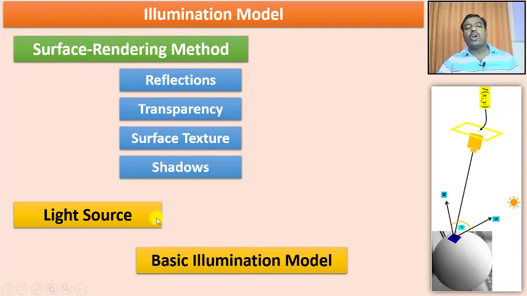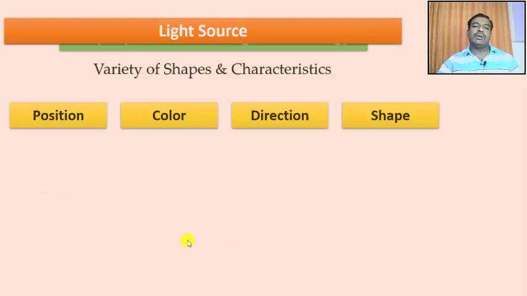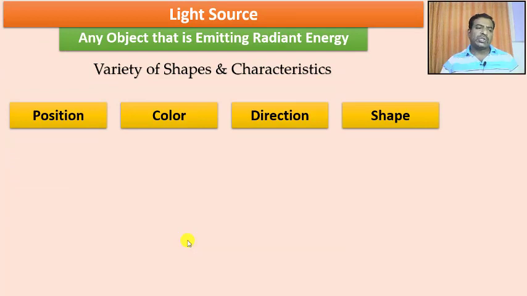Hence we have two key concepts which we need to look into when we talk about an illumination model. If I talk about a light source, it's an object that is emitting radiant energy.